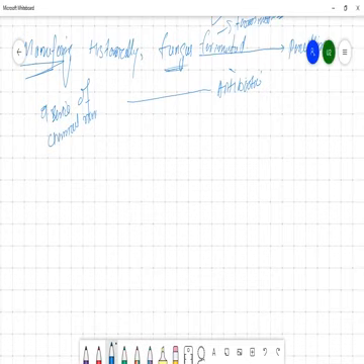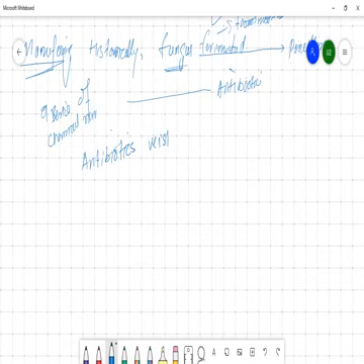Okay, another famous concept about these antibiotics, you must know these things, right? Antibiotic resistance. What is antibiotic resistance?